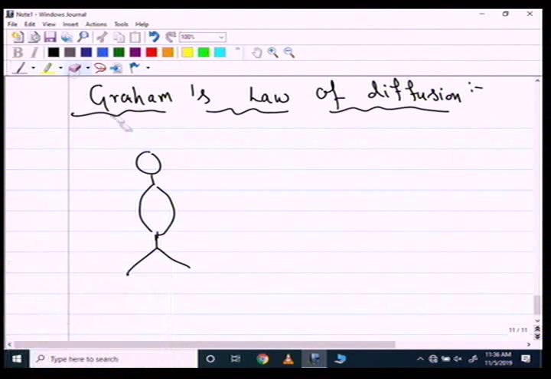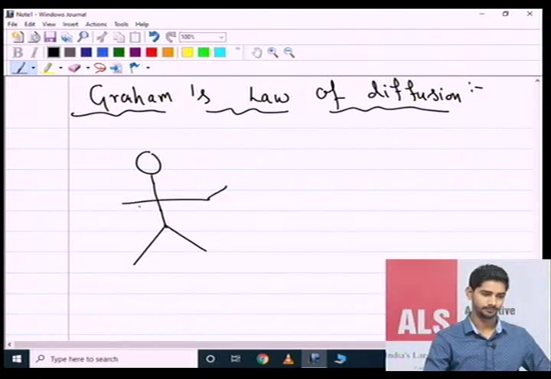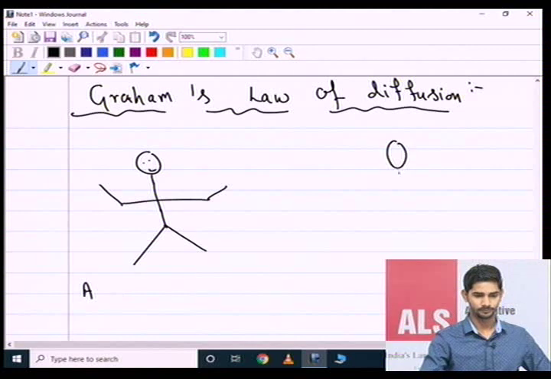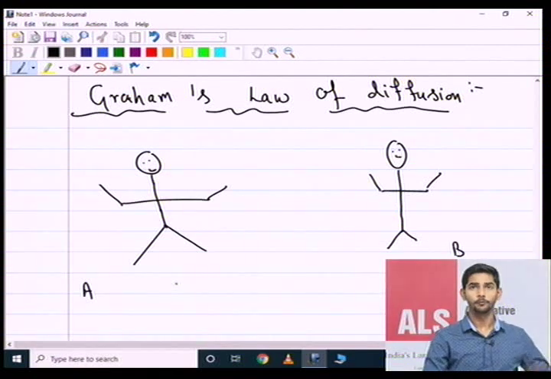This is person A. This is person B. The weight of person A is 200 kgs.